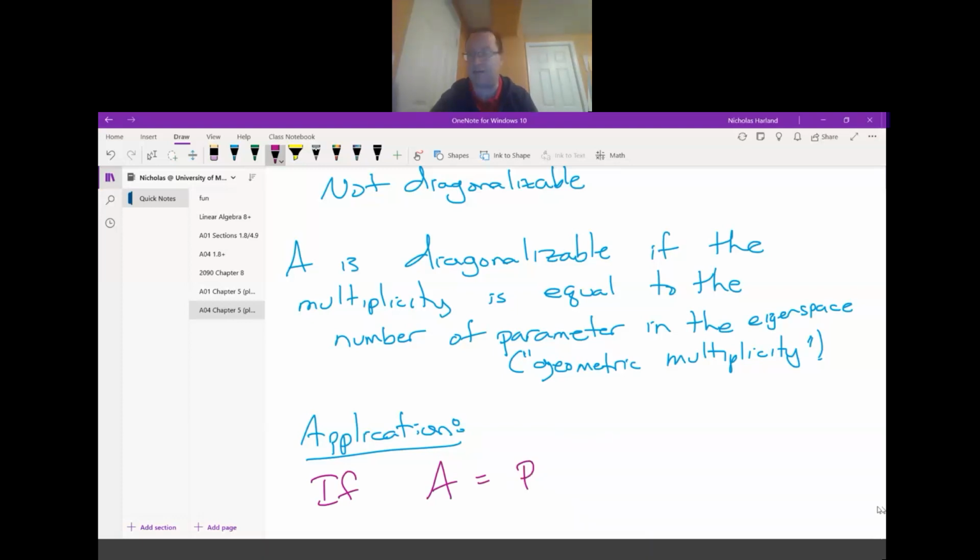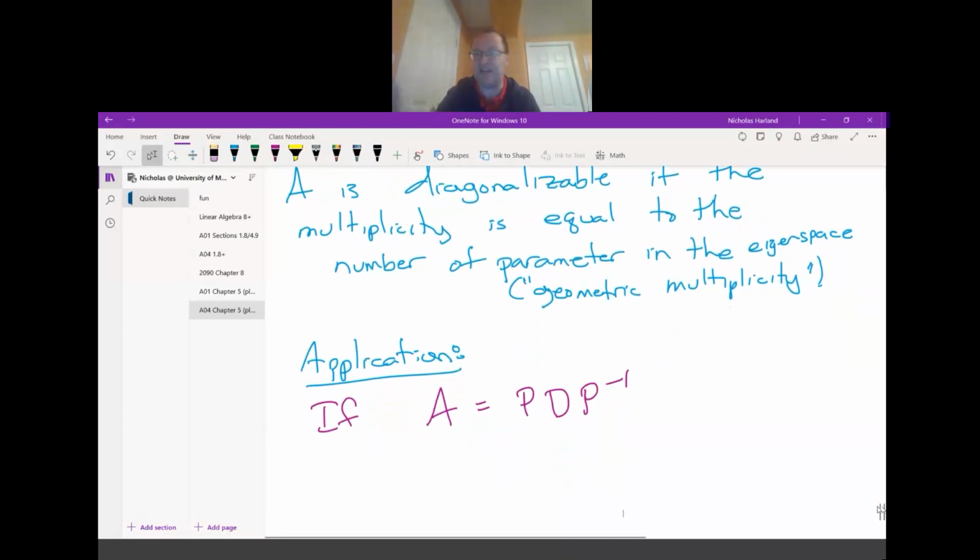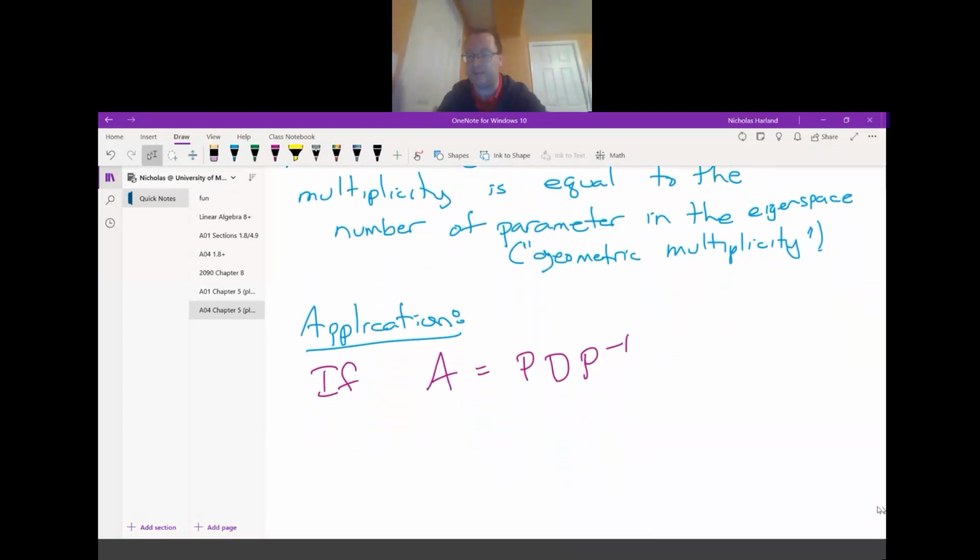So let's say, and we know it's an if, if A is diagonalizable, in other words, if A can be written as PDP inverse. I haven't gotten to the slide yet, I'm just explaining something first.